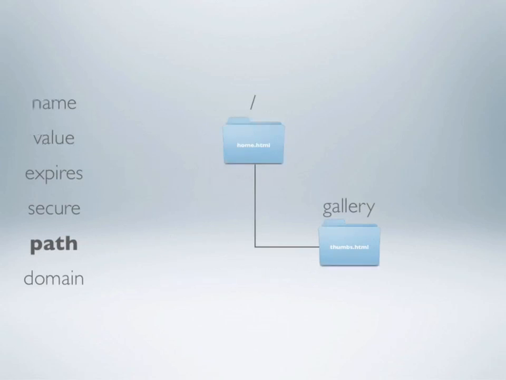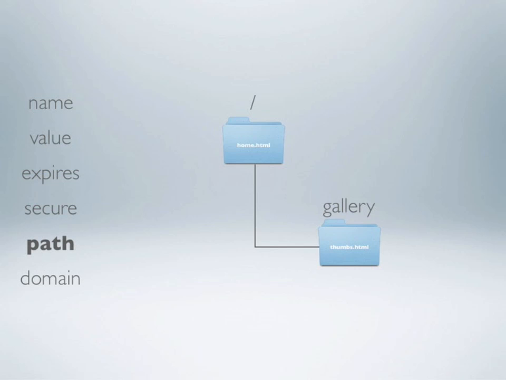The path attribute actually lets us override a default behavior of cookies, and that default behavior is that cookies will only be sent back to pages on a server when the page that's being requested is at the same level or below the page that initially asked the cookie to be created. So it probably sounds a little bit confusing.